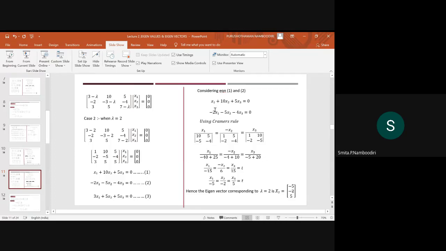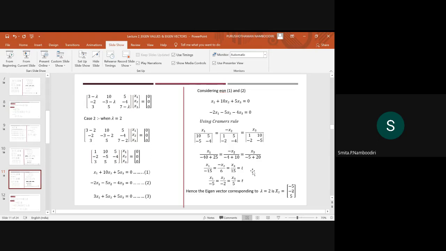So if you want to find x1, leave the coefficients of x1 and write the coefficients of x2 and x3 here. So 10, 5, minus 5, minus 4. For x2: 1, 5, minus 2, minus 4. And for x3: 1, 10, minus 2, minus 5. Simplify: x1 upon minus 40 plus 25, minus 4 plus 10, minus 5 plus 20.